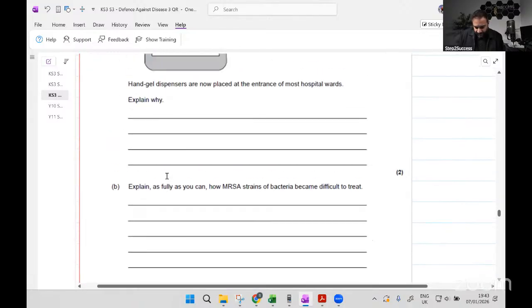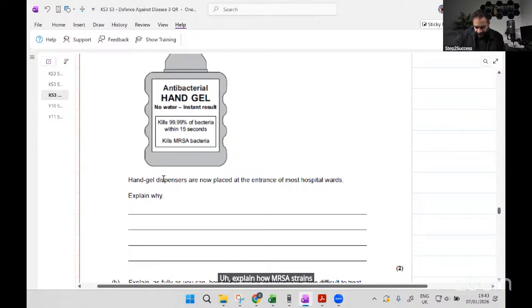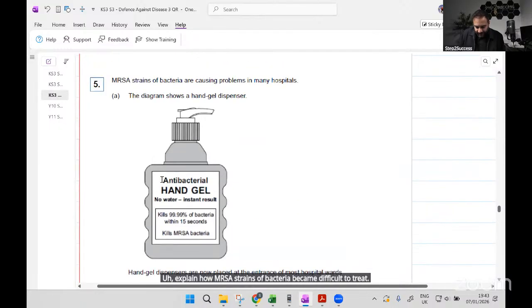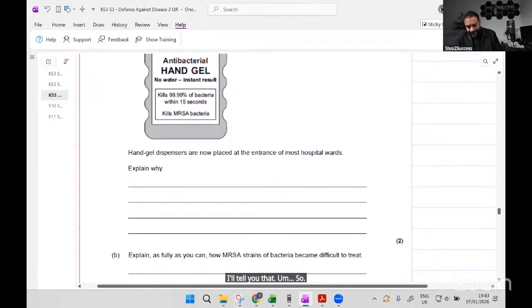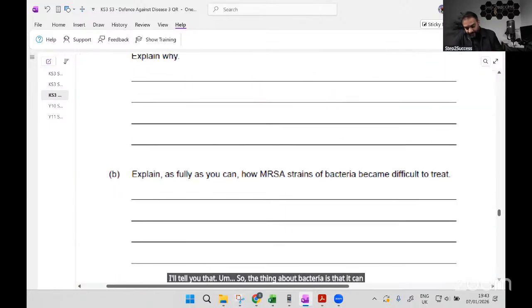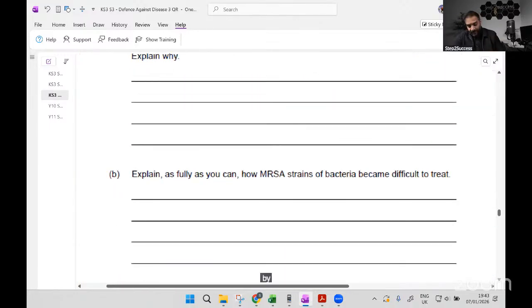Explain how MRSA strains of bacteria became difficult to treat. That's quite a hard question, actually. I'll tell you that. So the thing about bacteria is that it can constantly change, and by change we mean mutate.